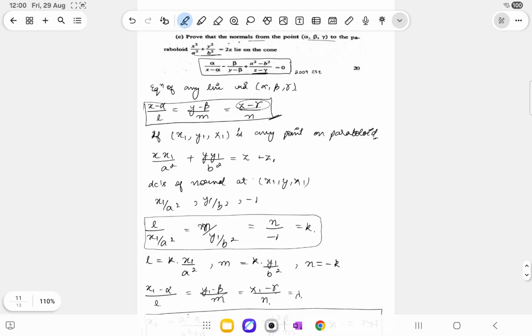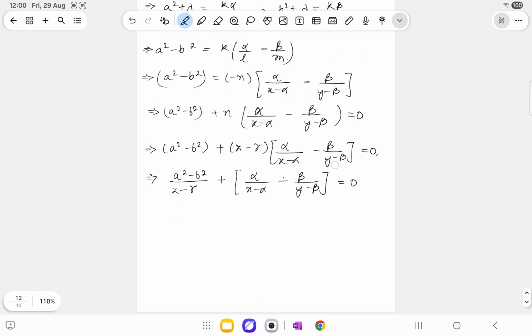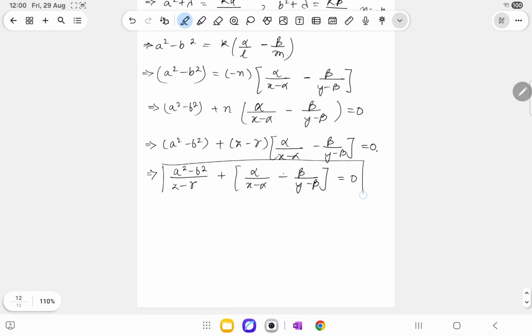Yeah, so this is the relation that we're supposed to prove.